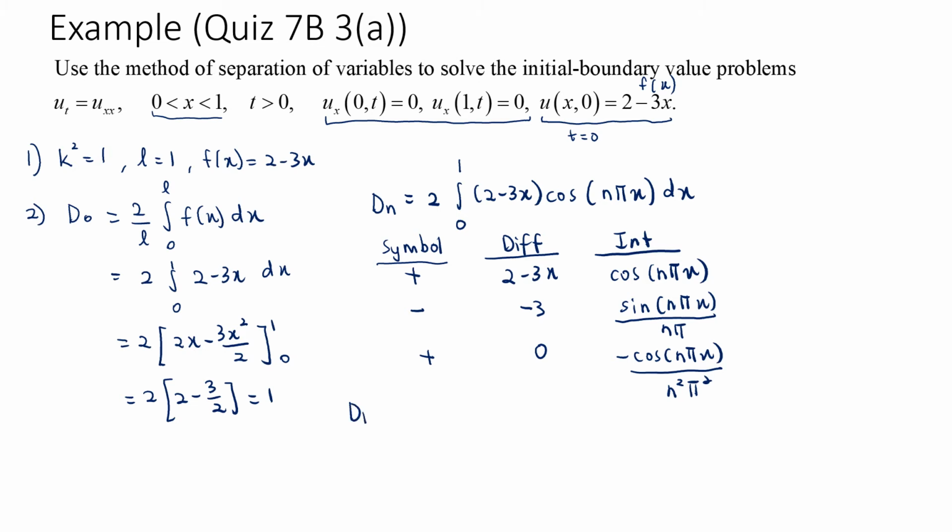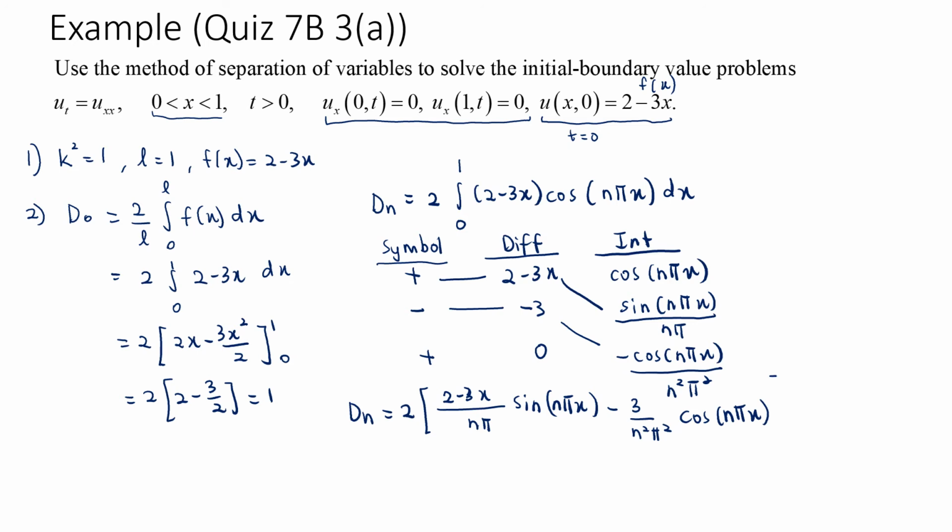So now we substitute all this into dn, where we get 2 times (2 minus 3x) over n pi times sine n pi x, minus 3 over n squared pi squared cos n pi x, where the limit is from 0 up to 1.